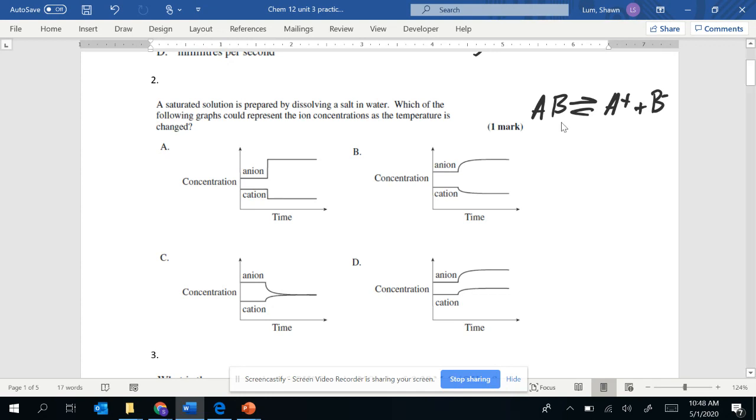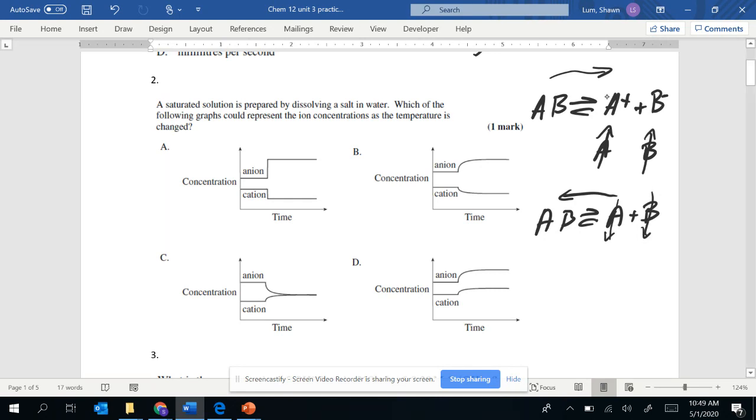So if the temperature increases and there is a shift to the right, that means A is going to increase and B is also going to increase. If there's a temperature change and it's cooled down and there's a shift to the left, then A is going to decrease and B is also going to decrease.